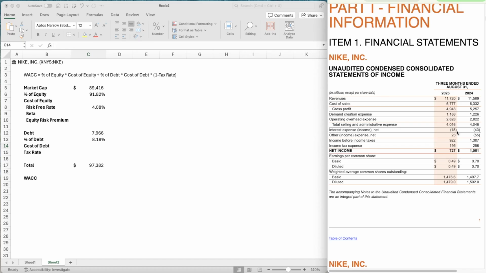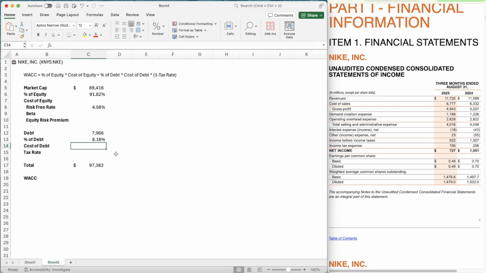Let's just do 18 multiplied by 4 divided by the debt, and that should give us .9%. Yeah, I guess it will.